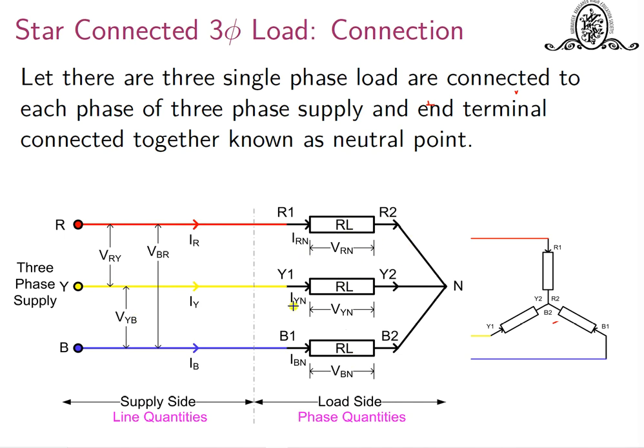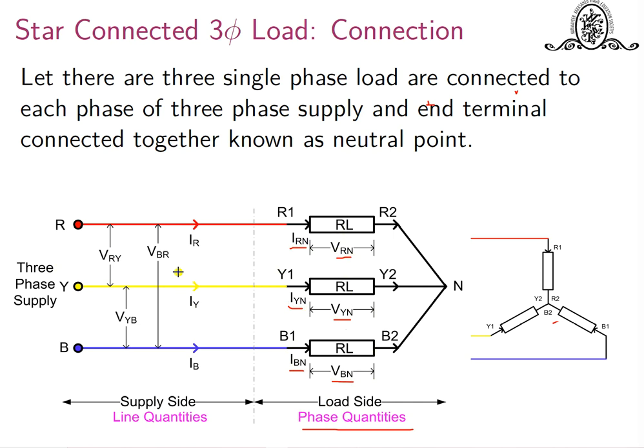Hence whatever quantities are mentioned on the load side are the phase quantities. So VRN, VYN and VBN are the phase voltages, and IRN, IYN and IBN are the phase currents.